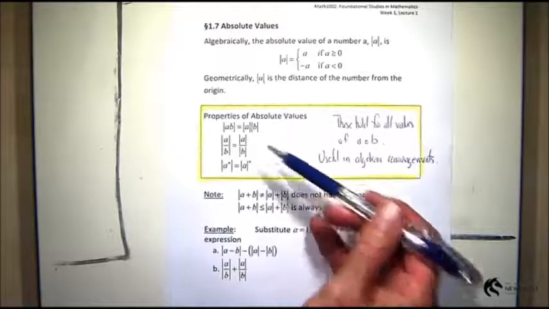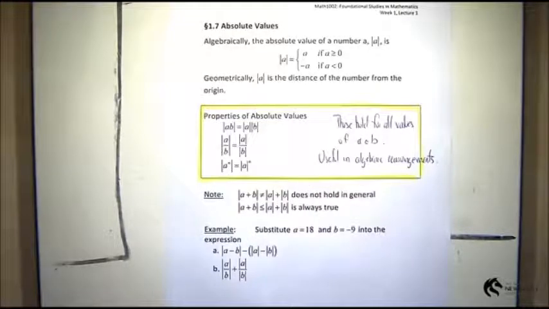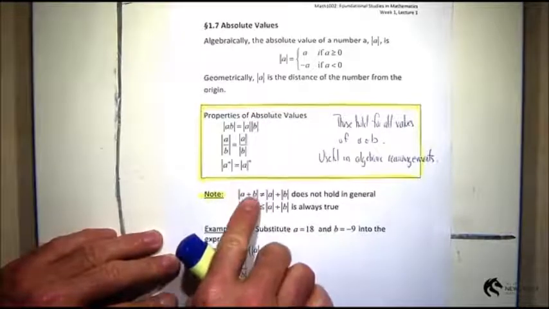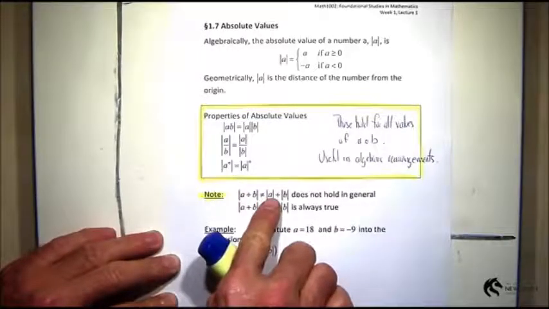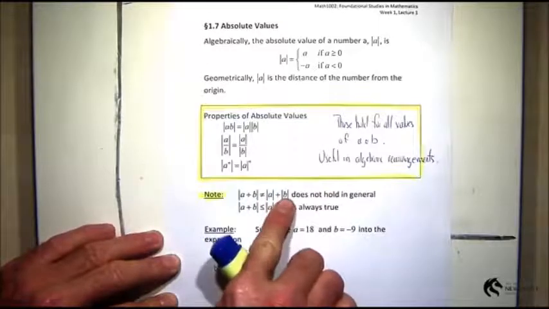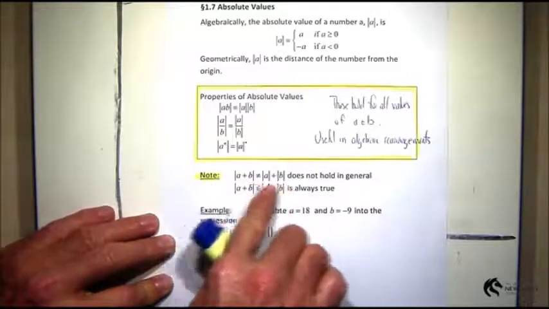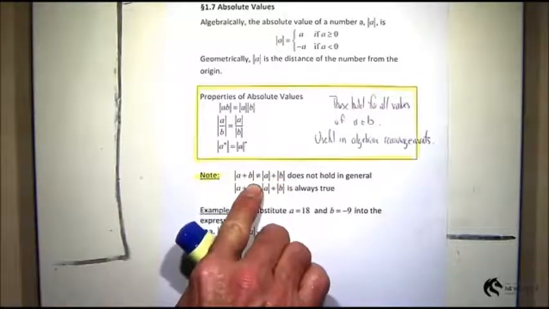The biggest thing that beginners have trouble with is this one down here: the absolute value of A plus B is not the same as the absolute value of A plus the absolute value of B. I have seen students try to do that simplification a thousand times. It's not true. You can't do it.